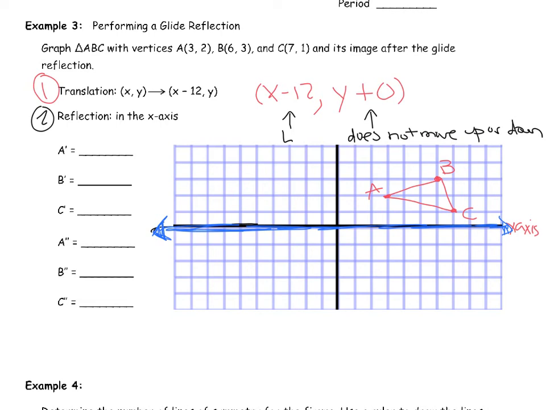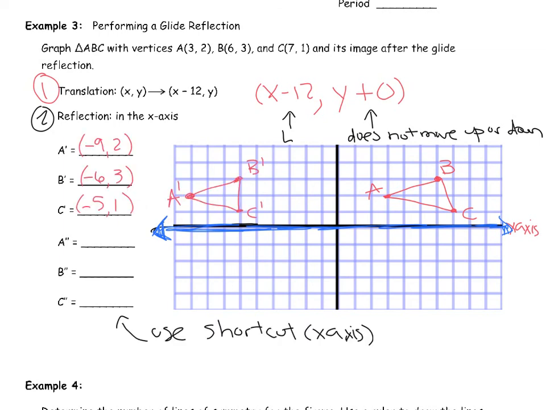The x means we move left or right, so it's minus 12. Hopefully you graph this. If you need to pause, go for it and graph. I'm moving each one of these points to the left 12, and because my y is plus 0, that means it doesn't move up or down. So literally all I have to do is move this 12 units to the left.